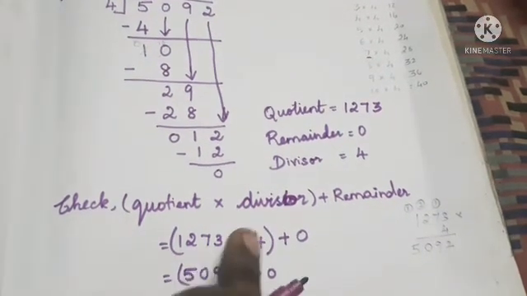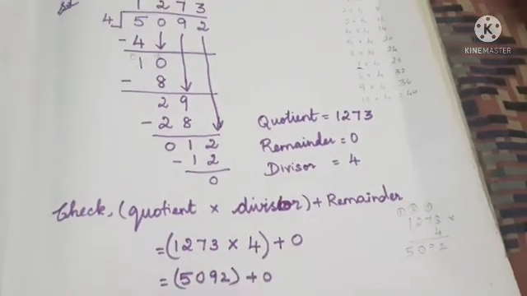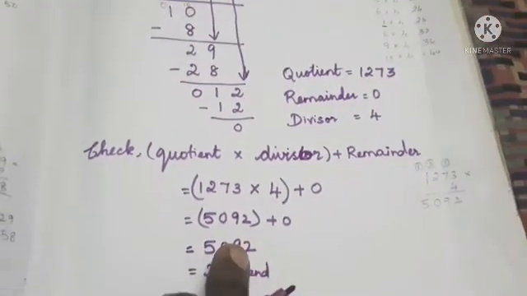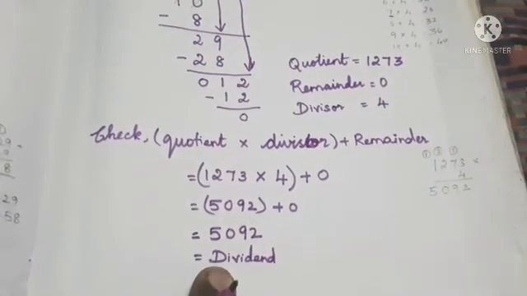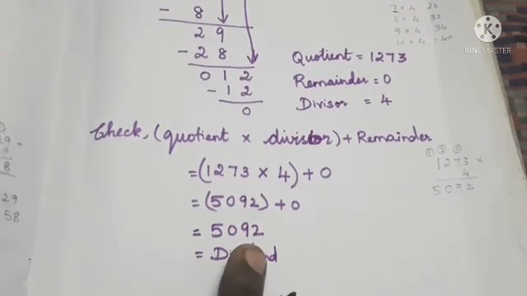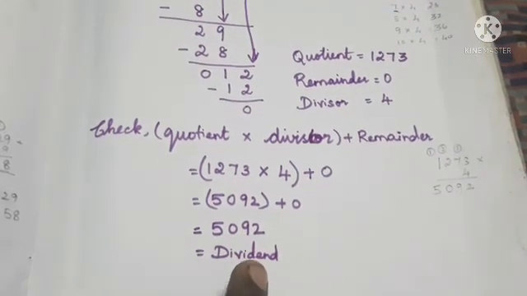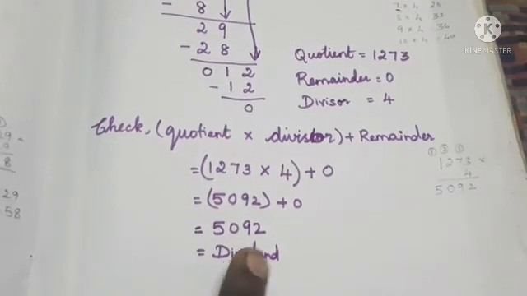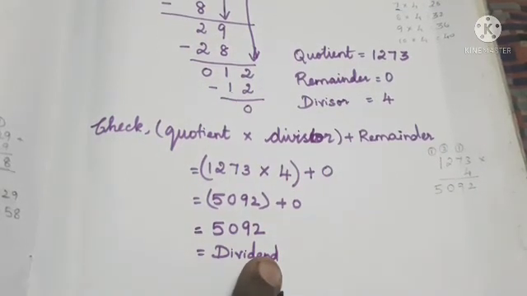So now we can substitute the values in the formula. If you substitute and do the process you will get the answer as 5092. That means that value is the dividend. So if you get the dividend properly, our division problem is correct.